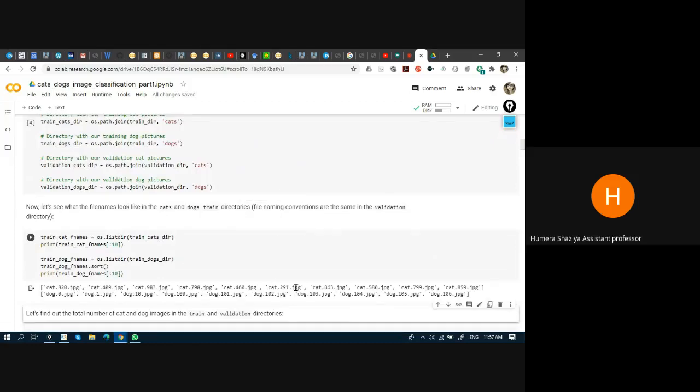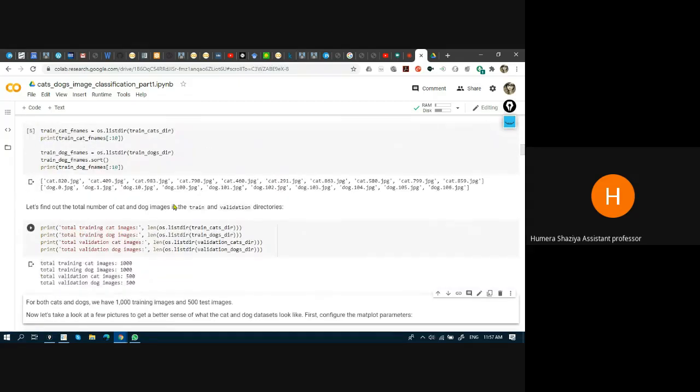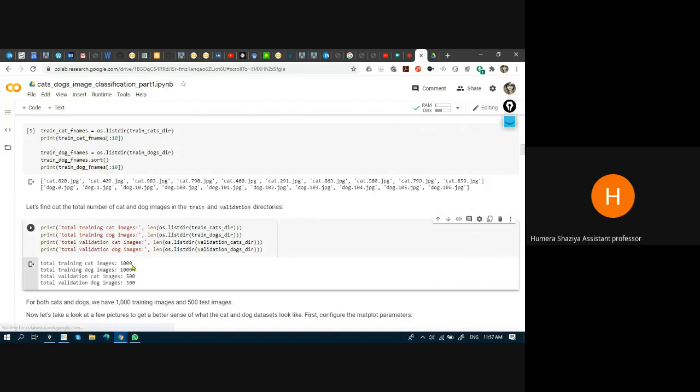Here, these are the images: cat 820.jpg, dog 10.jpg, dog 100.jpg. Like this, these are the images. Then we are printing how many images are there. Cat, there are 1,000 images. Dog also, there are 1,000. This is the training set. In the training set you have 2,000 images, 1,000 cat and 1,000 dog. Validation, there are 500 images of cat and dog.